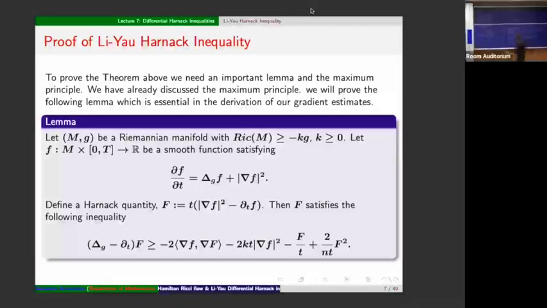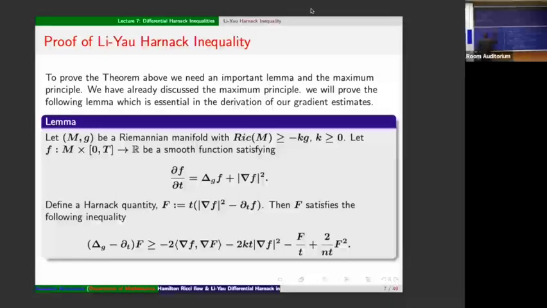Maybe I will write neatly because of people with a small screen. Let's write the whole thing. You have the condition from the assumption that Ricci is greater than or equal to minus k g. So by this, Ricci of gradient f, gradient f will be greater than or equal to minus k g of gradient f, gradient f.